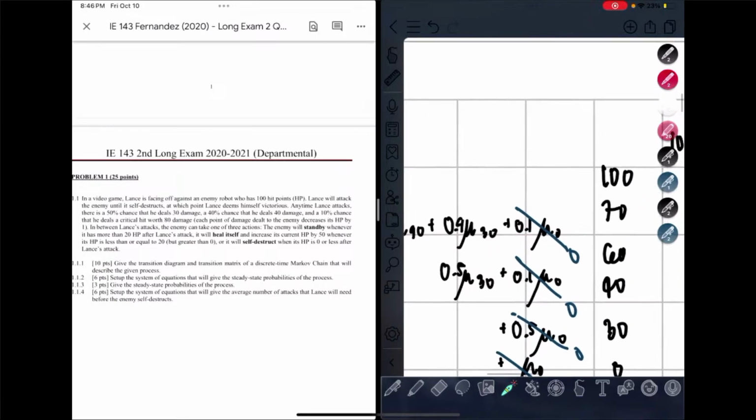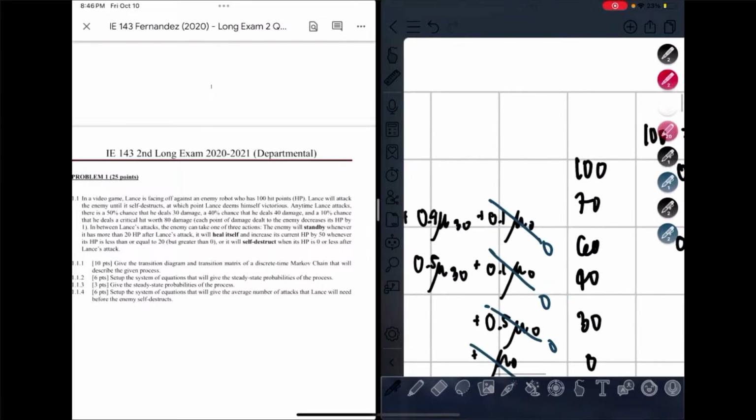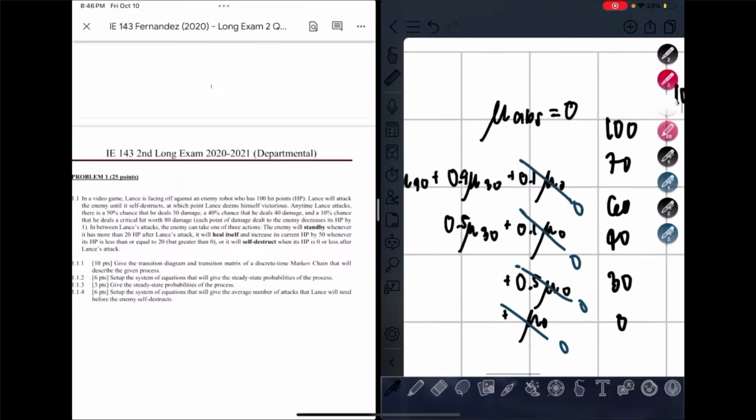But recall also that since 0 is already an absorbing state, the mean time to get to an absorbing state from an absorbing state is 0. So if you're already at 0, which is an absorbing state, the mean time to get there is 0.